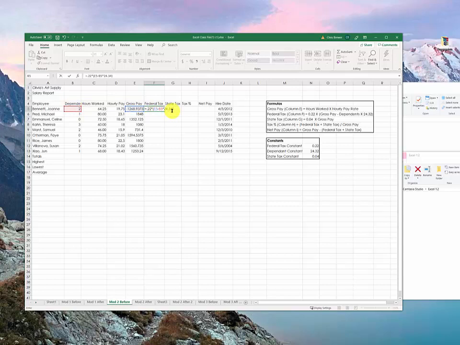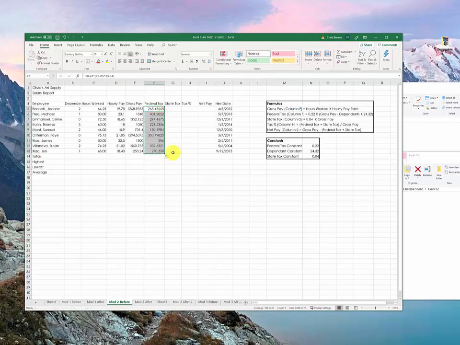The way this formula works, we kind of work backwards, because the first thing we have to do is our parentheses. And inside the parentheses, the first thing we do is our multiplication. So we take our dependents times 24.32, then we subtract that from our gross pay, and then we multiply that times 0.22. Let's just accept it and move on. So 268 and like 46 cents looks like it's going to be what our taxes are.